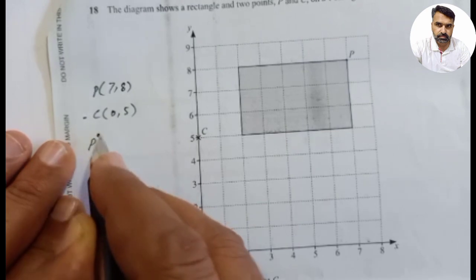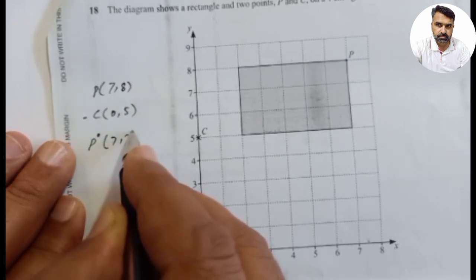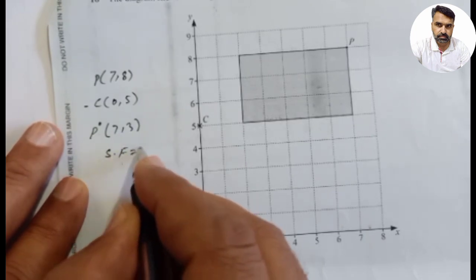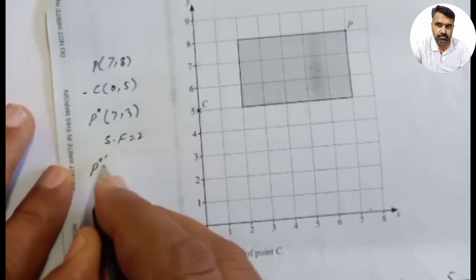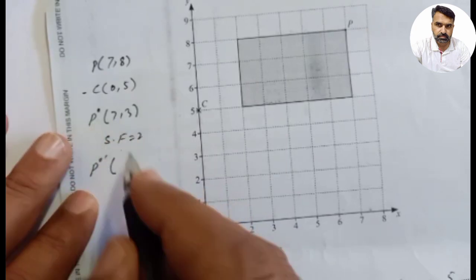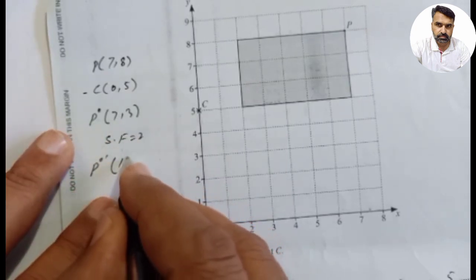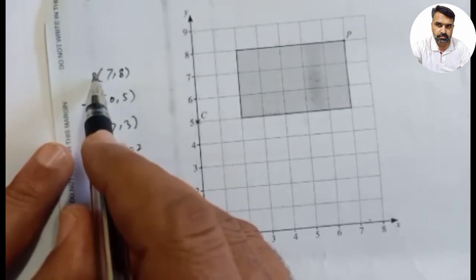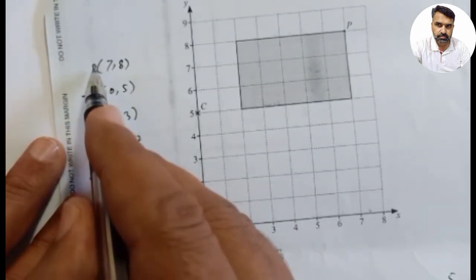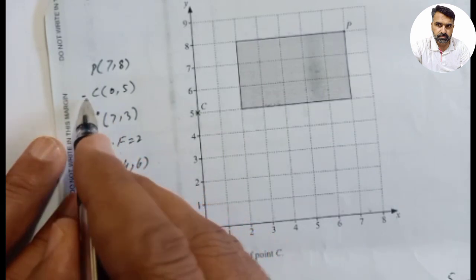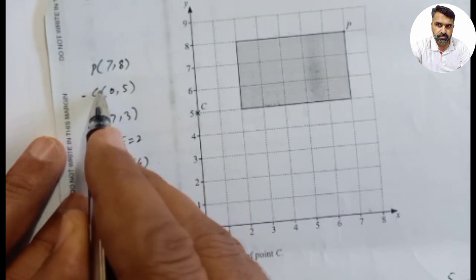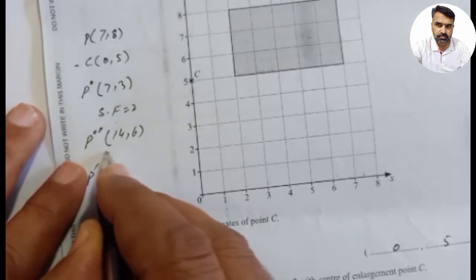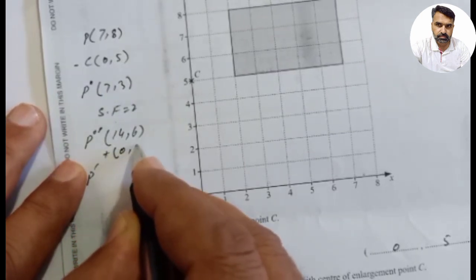So P naught will be 7 and 3, and as scale factor is 2, we multiply both the coordinates by 2 and it will become 14 and 6, and it is the image of P naught, not P. So find out the image of P. We have to add the coordinates that we subtracted. So P prime will be, we have to add the coordinates of C, 0 and 5.